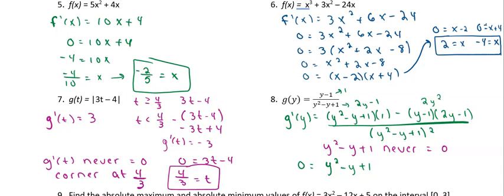Y times -1 is minus 1y. -1 times 2y is minus 2y. So -1 minus 2 is minus 3y. -1 times 1 is plus 1. Now I need to distribute this negative to the whole thing up here, so that will look like minus 2y squared plus 3y minus 1.